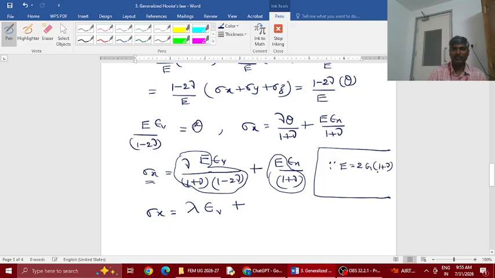This was the relation that you have developed in your strength of materials. Now for E divided by 1 plus nu, what do we write? It is 2G.